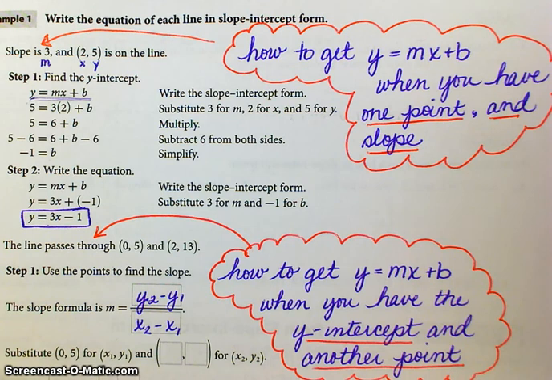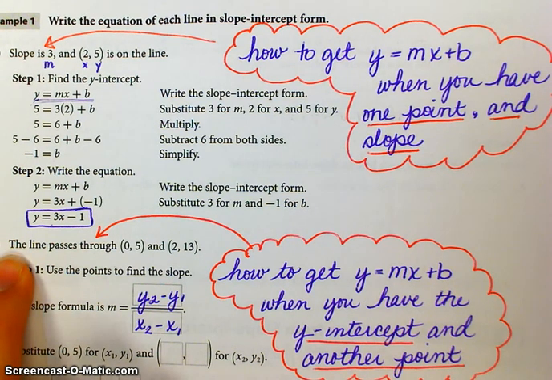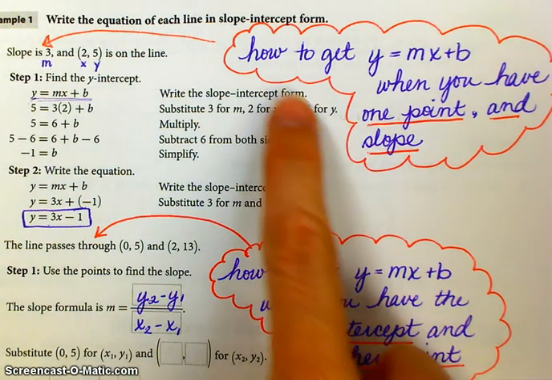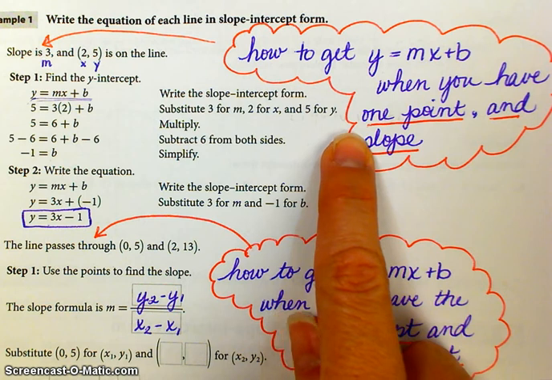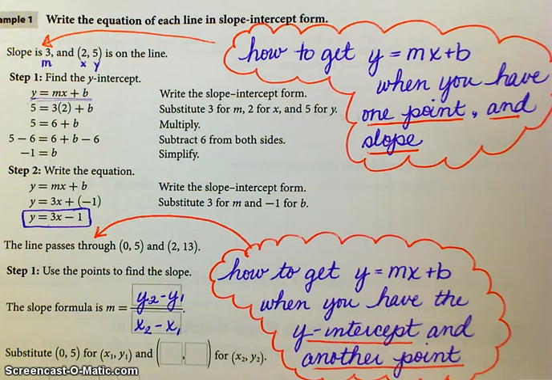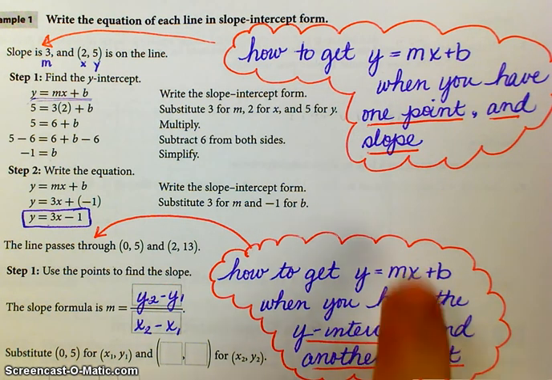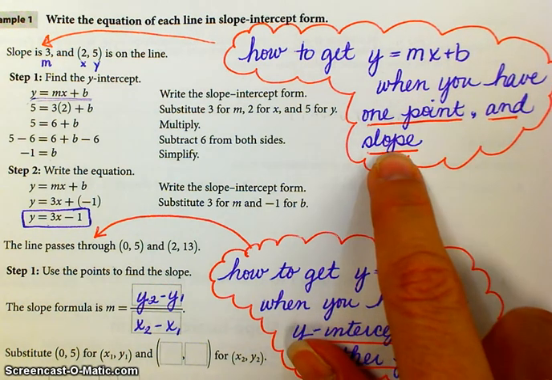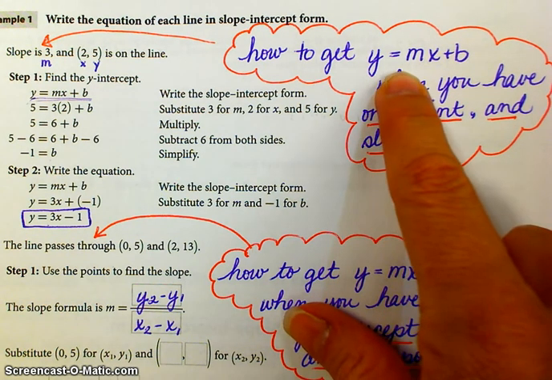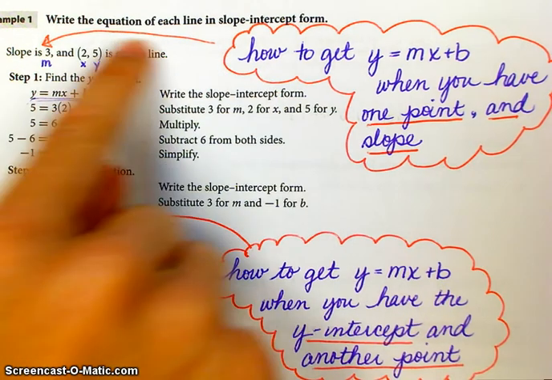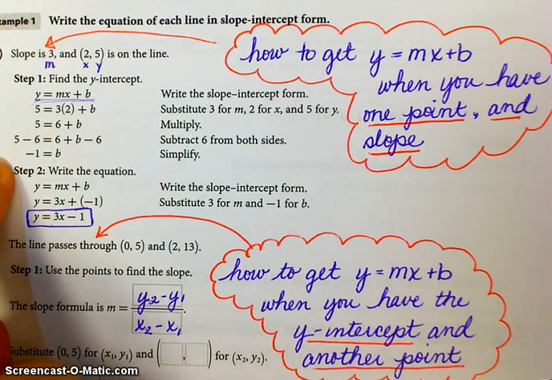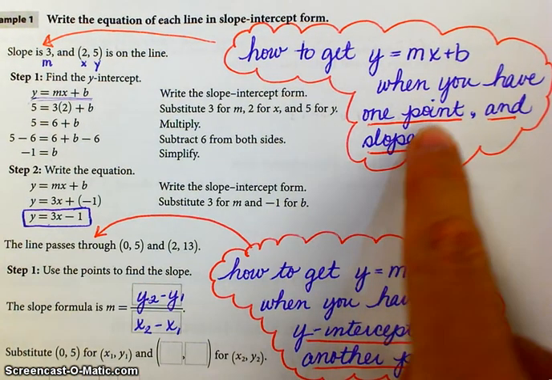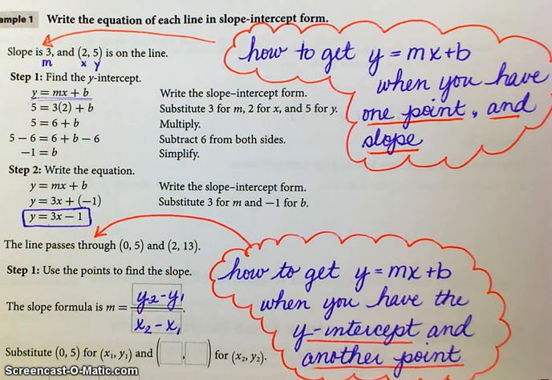All right, before we go to example 1b, I just wrote myself a note out here because I have a feeling that when we start doing practice, we might have some situations where they gave you a point and a slope. How do you get the slope-intercept form? This is a great example of what you would do if you were given one point and a slope, and how you would find the y-intercept so that you can write the equation in slope-intercept form.